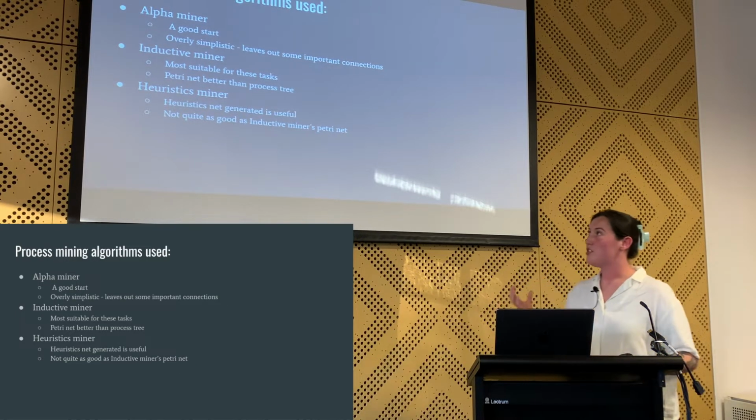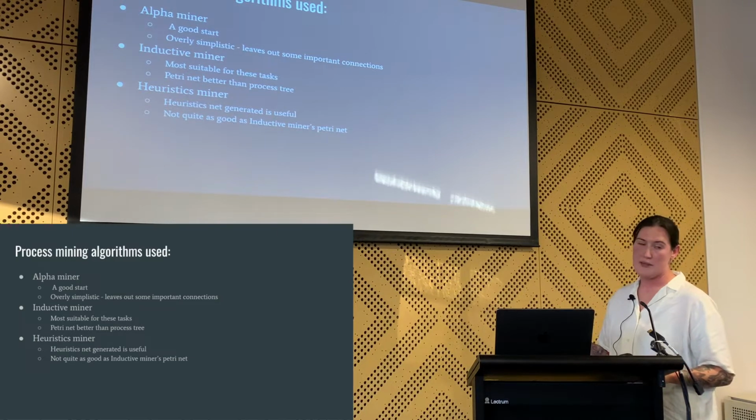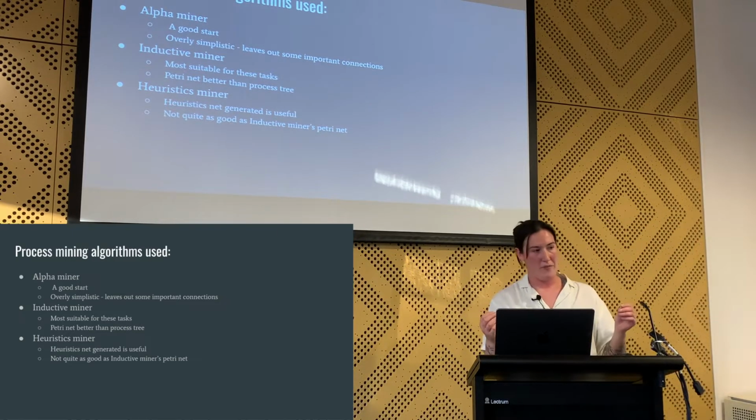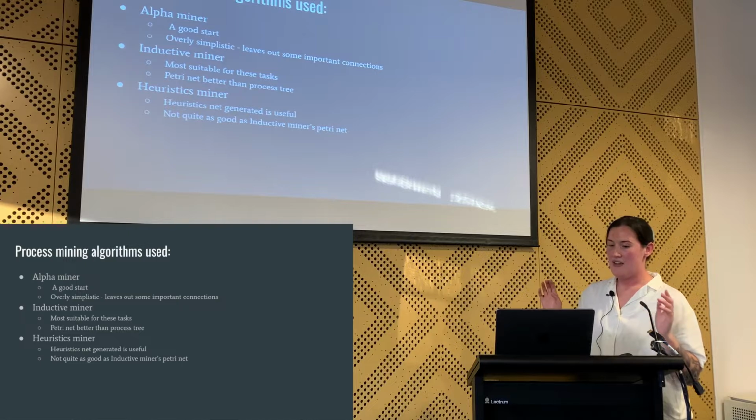Alpha miner was a good start, but it was very simplistic. Alpha miner works by looking at a start state and an end state and joining in the middle. And so when I had the incomplete state representation, it really struggled connecting those, the start and end states back together.